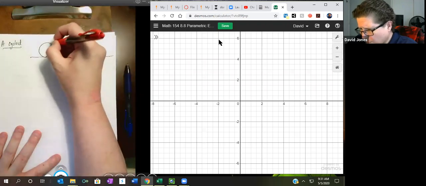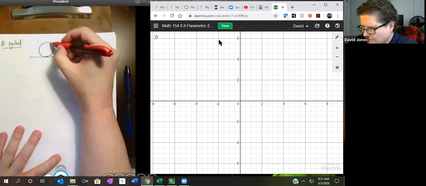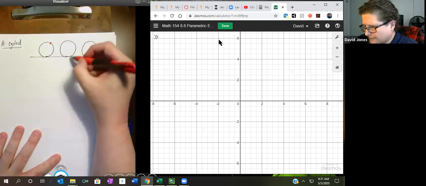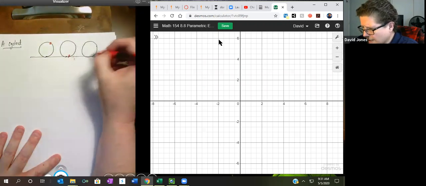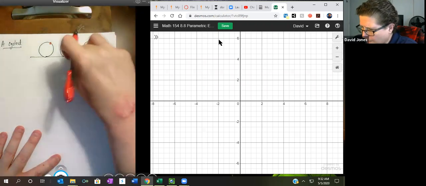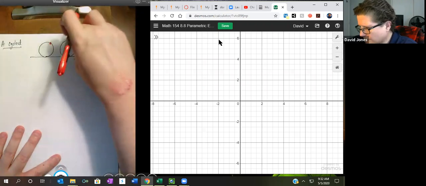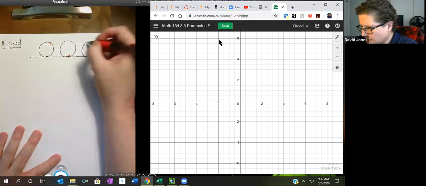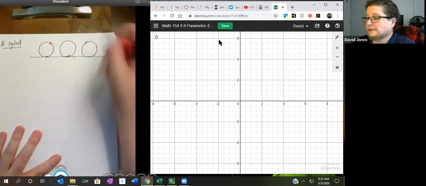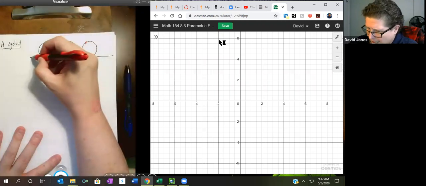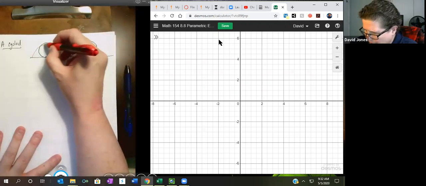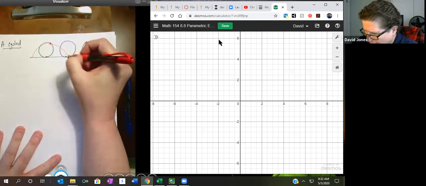So let's say we've got a point here, and as the tire rolls, it's down here. And as the tire keeps rolling, the point on top goes down, this point goes up, might come back up like this. And as the tire rolls, this point on the surface keeps doing something like this.